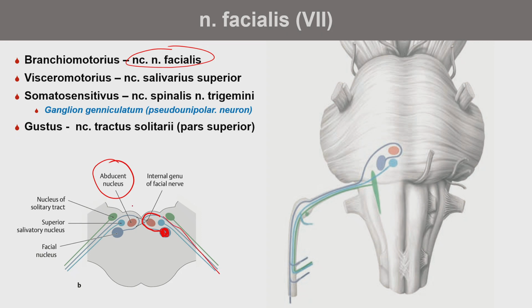Then we have another important nucleus, the superior salivatory nucleus, nucleus salivatorius superior, which is visceromotor, so it is autonomic, and it is parasympathetic.